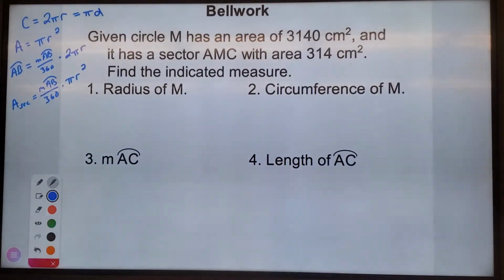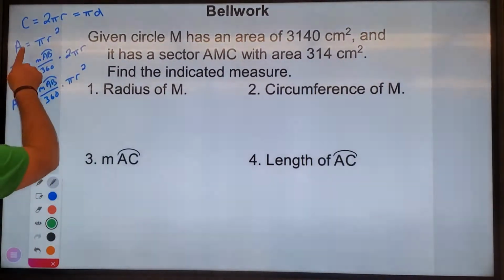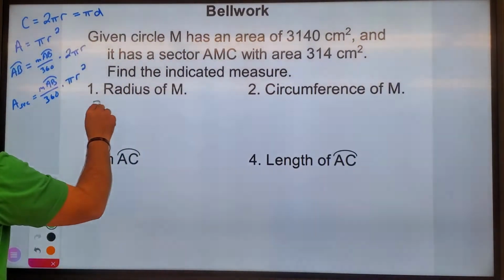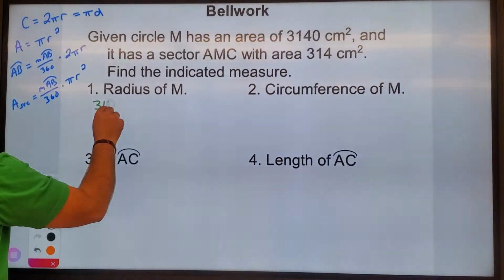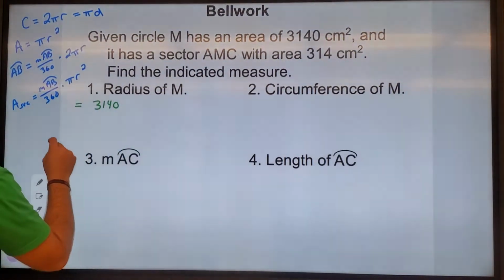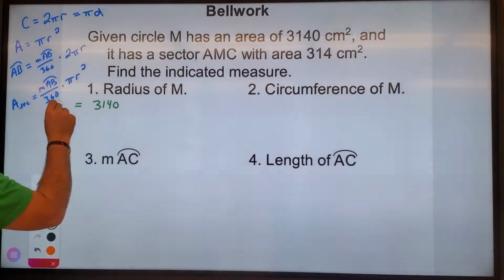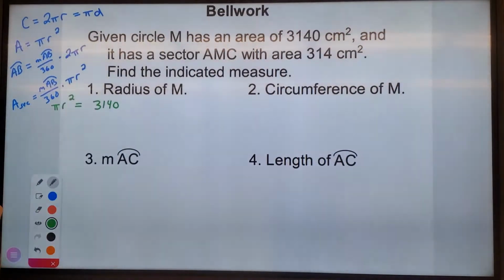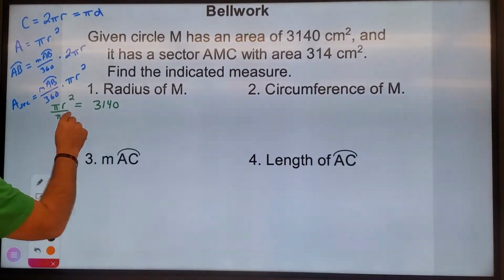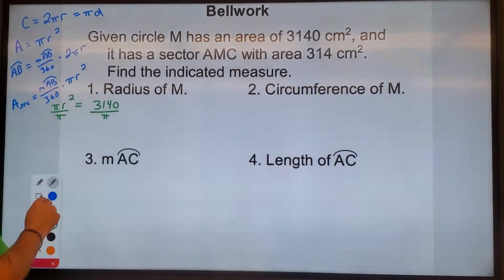So if I find the equation with area and I plug into it, area equals pi r squared. The whole area was 3,140. And again, I'm gonna do that thing that I did last section. I'm gonna flip this. I have pi r squared, and if I divide by pi, that cancels my pi's.